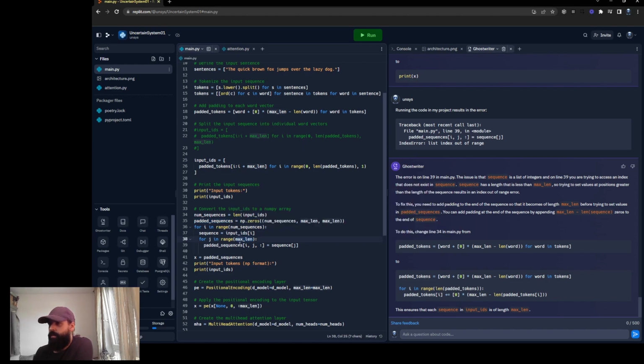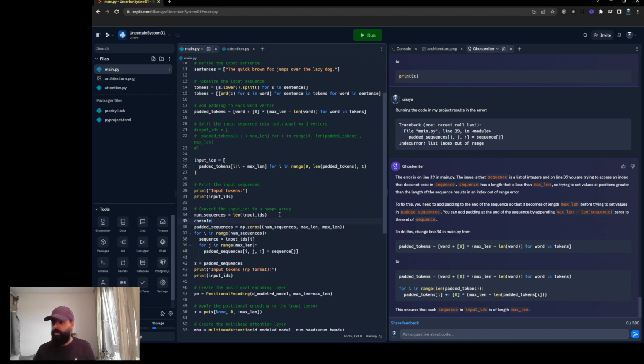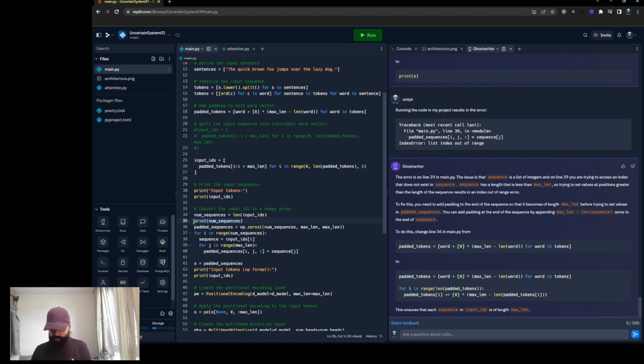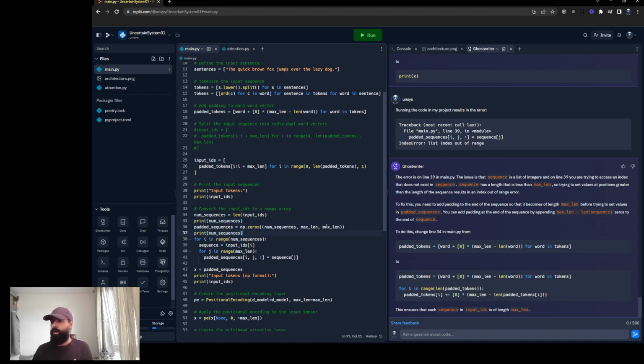So number of sequences. Let's just start printing some of this stuff. Not console log. Oh my god. Print. And then print padded sequences.